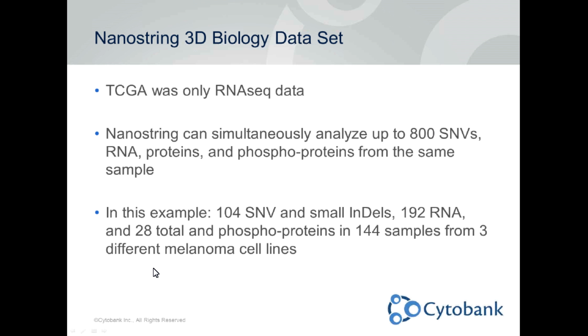So in this particular data set, there are 104 SNVs and small indels, 192 different RNAs, and 28 total phosphoproteins. We're looking at those in 144 different samples from 3 different melanoma cell lines, so you can wrap your head around what we're going to be looking at.